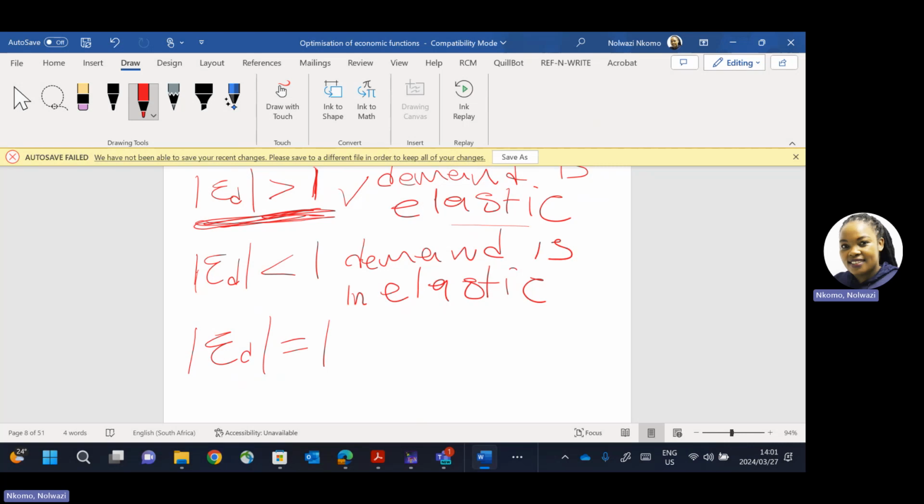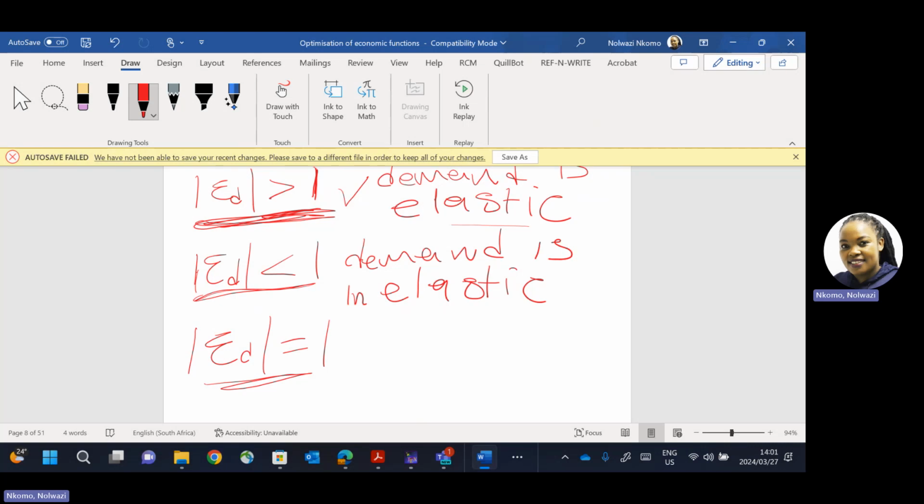And this means if the price increases by 1%, the demand decreases by more than 1%. Here, the demand is inelastic. This means if the price increases by 1%, then the demand decreases by less than 1%. And then here, if the price increases by 1%, then also the demand decreases by 1%.